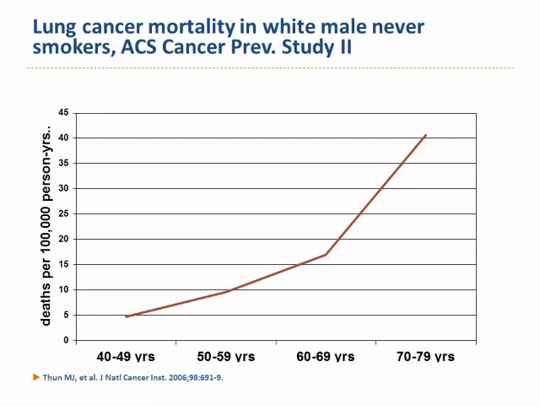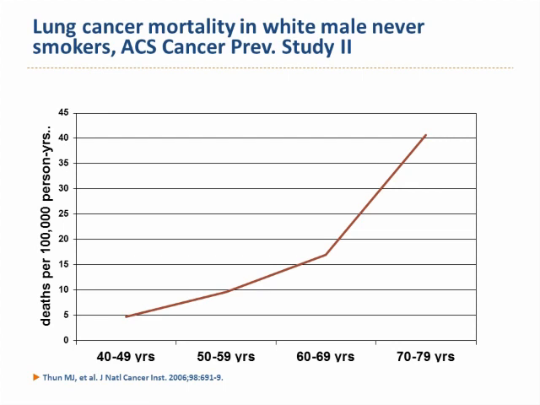And we see that even among non-smokers, we do have some cases of lung cancer mortality. We have at the lower end an incidence of 5 per 100,000 person years among 40 to 49-year-olds, and as high as 40 per 100,000 person years among 70 to 79-year-olds.